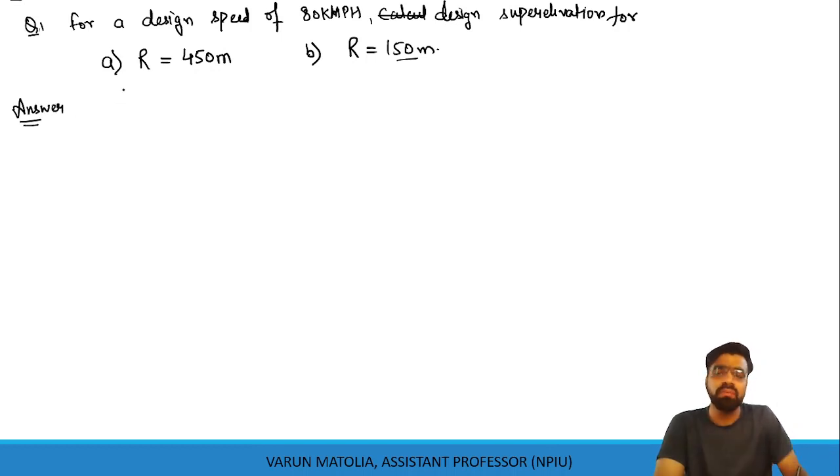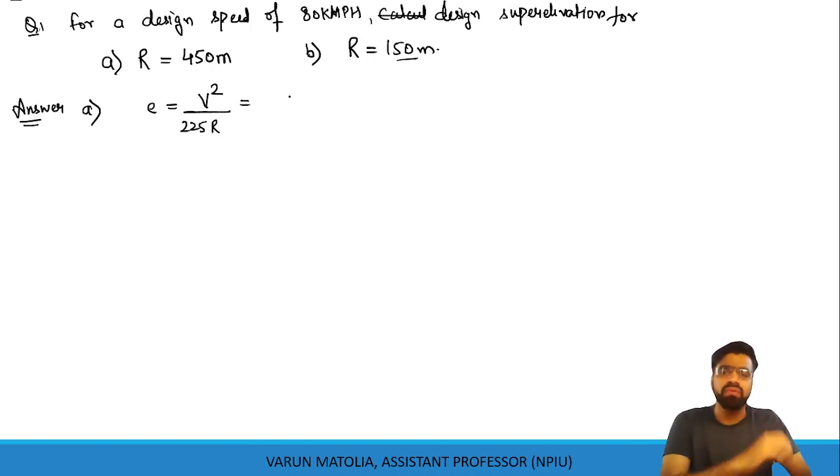If we are designing the super elevation, the formula which will be used is E is equal to V square divided by 225 R, where V is capital V because velocity is given in kilometers per hour. Directly put the values of these given terms and we can calculate the value of super elevation.